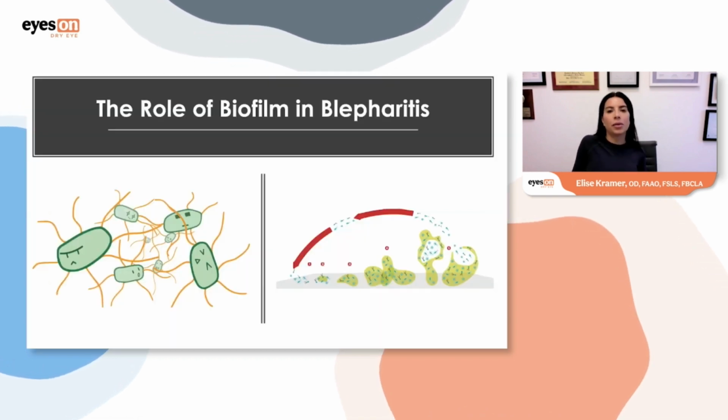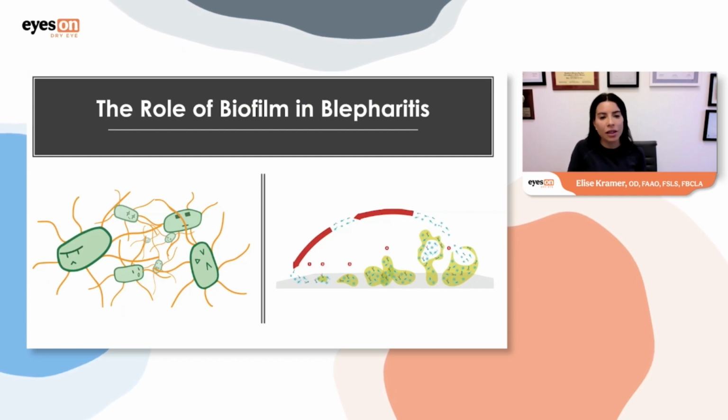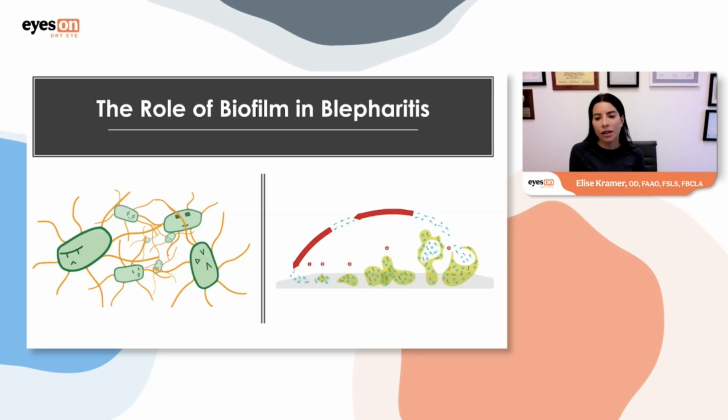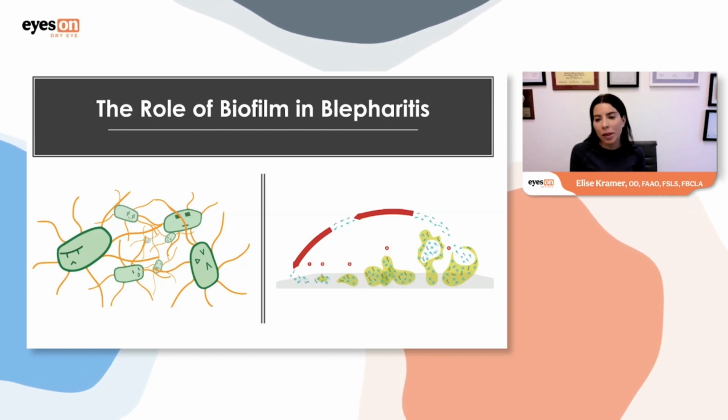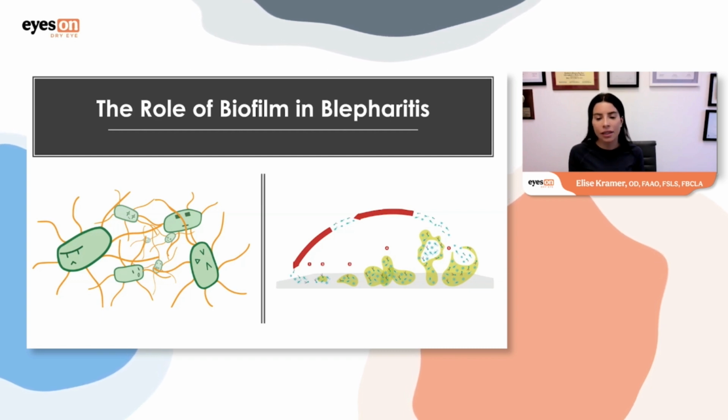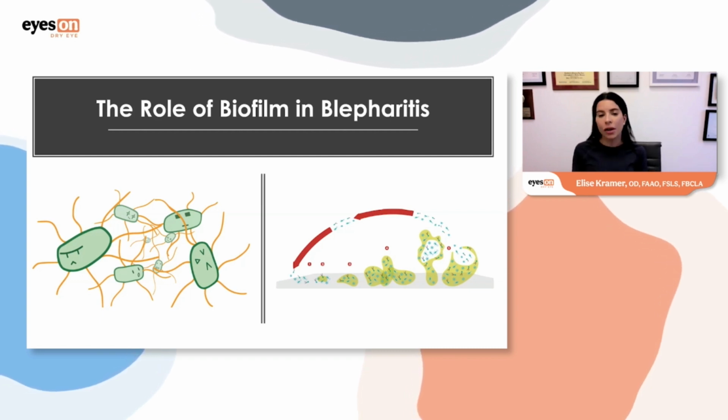And when we talk about the role of biofilm, this is the anterior blepharitis. This is just bacteria living on the surface, on the eyelids, on the eyelashes, that can exacerbate evaporation, that can create contact lens intolerance, that can cause dryness symptoms, redness, grittiness, and overall inflammation.